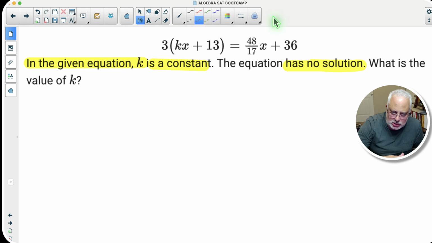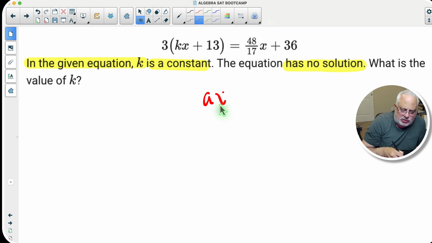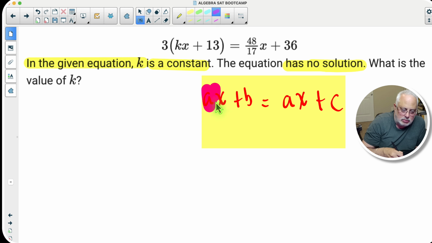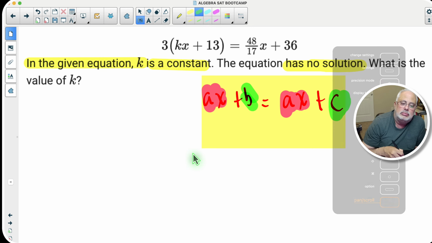An equation has no solution when, let's say that you have ax plus b equals ax plus c. So one of the terms is equal to the other, and the other terms are not equal.